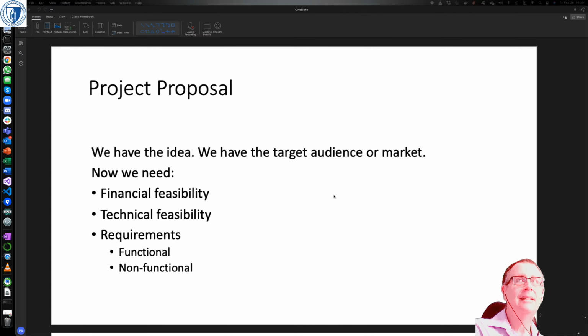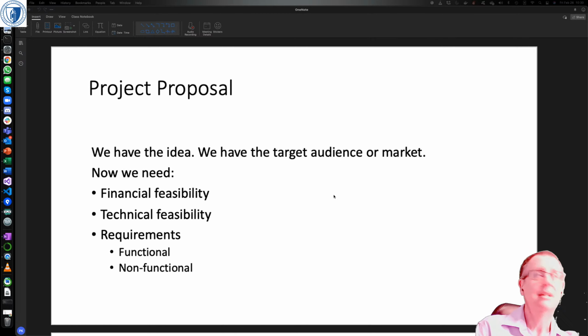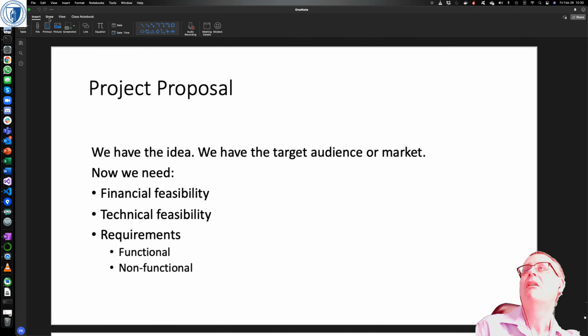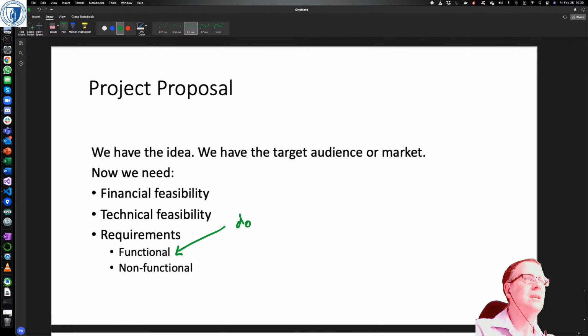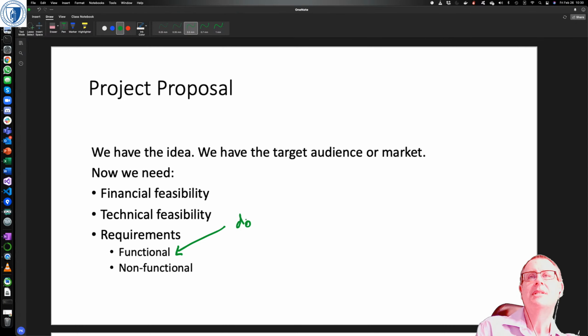And then the last piece is what I've called requirements. And these are writing down the specifications of the thing you need to build. And I actually dislike the second term here. A functional requirement is, funnily enough, the functions of how the system does something.